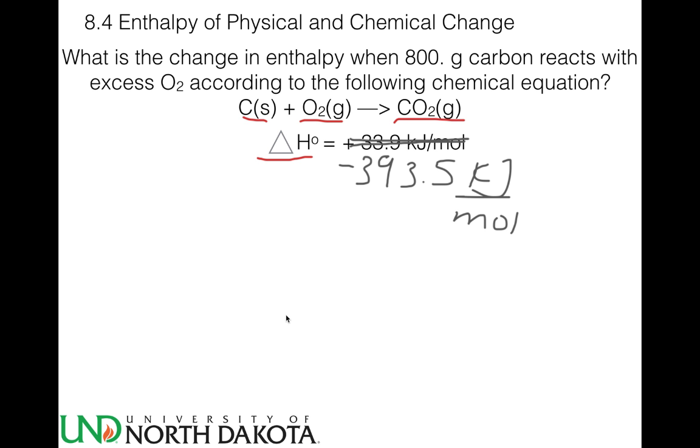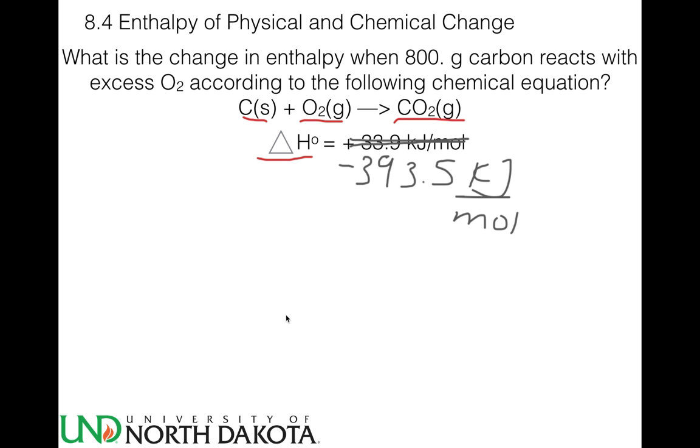Okay, so we're given a chemical equation, and we're given a value of the standard change in enthalpy, negative 393.5 kilojoules per mole. Now remember, the naught sign, the degree sign, implies standard state, 1 atmosphere pressure, and then 25 degrees Celsius.